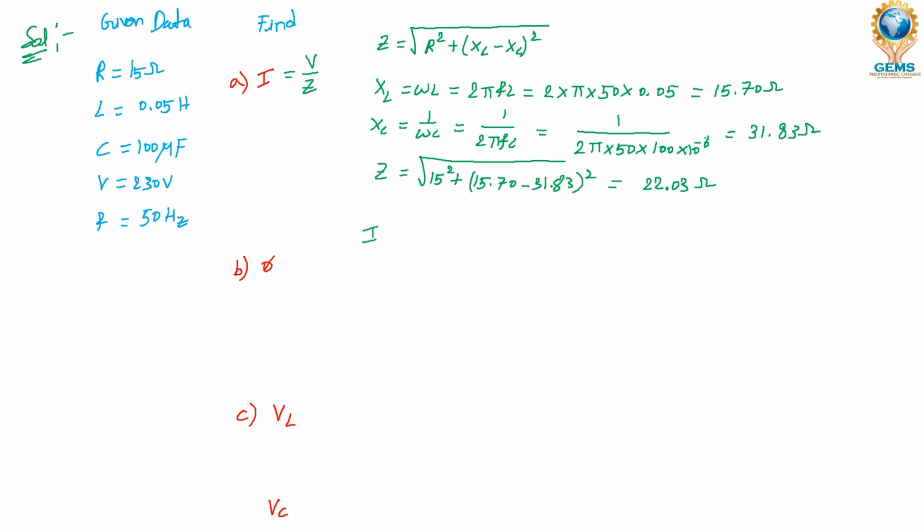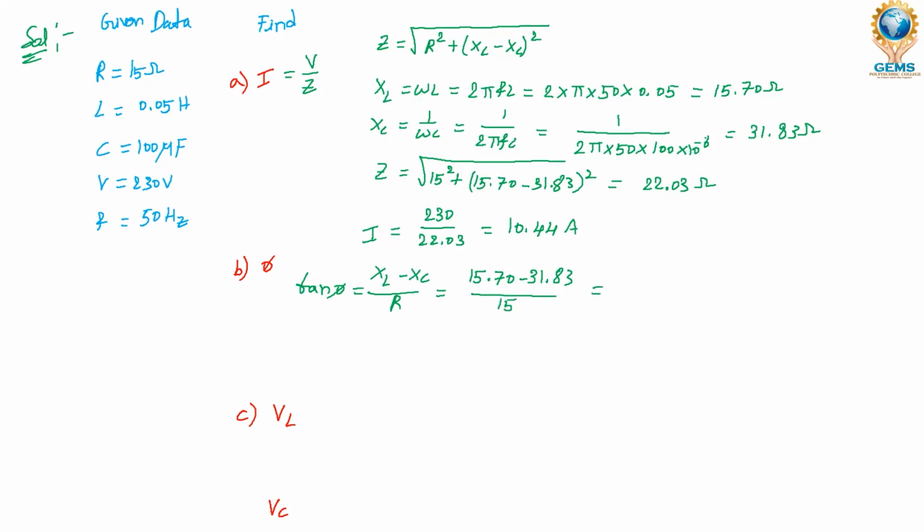Here I equals voltage 230 volt by impedance 22.03. We will get current 10.44 amps. Next, for calculating angle, first we have to calculate tan phi. What is tan phi? XL minus XC by R. Here XL value we have 15.70 minus XC 31.83 by R value 15.